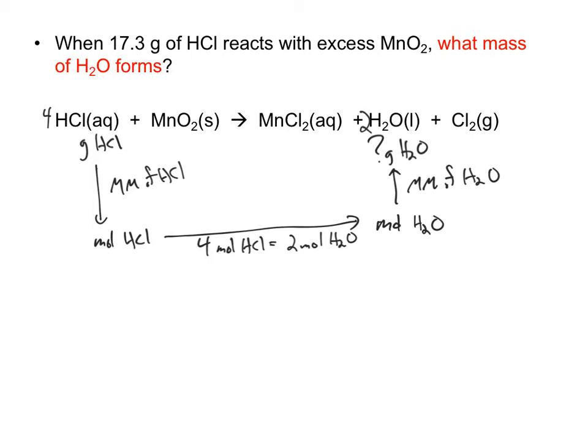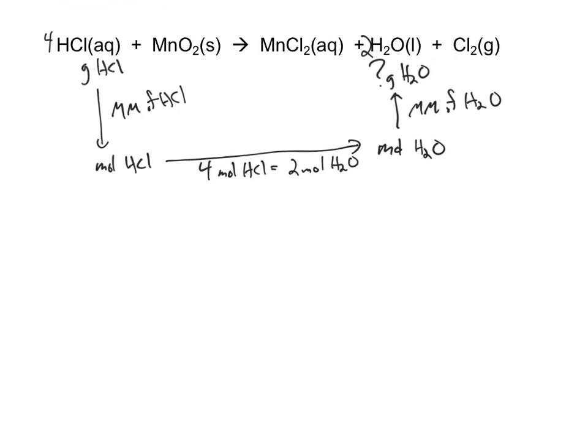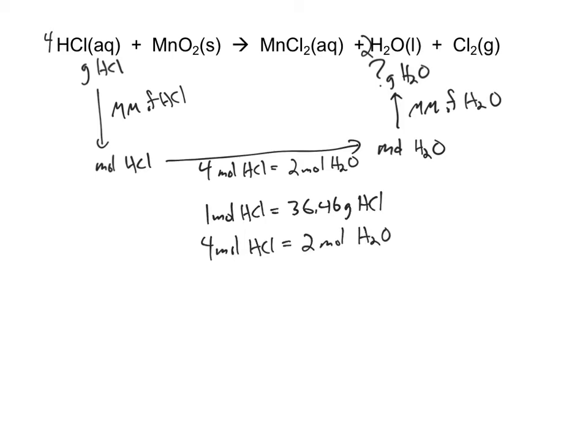So my conversion factors: we already found the molar mass of HCl in the last problem, so I'm not going to recalculate it. 1 mole, and then I know 4 moles of HCl make 2 moles of water. And the last step, I need the molar mass of water.